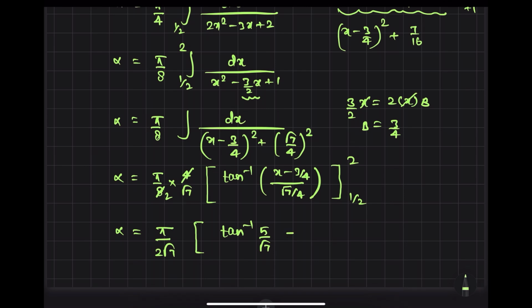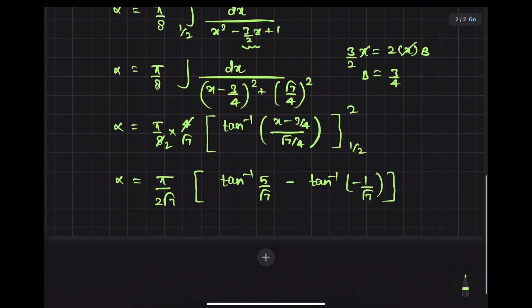Okay. Minus lower limit. Then I will be writing tan inverse, then it is 1 by 2. So 1 by 2 is 2 by 4, so it is minus of 1 by 4. So it is minus of 1 by root 7. Correct?